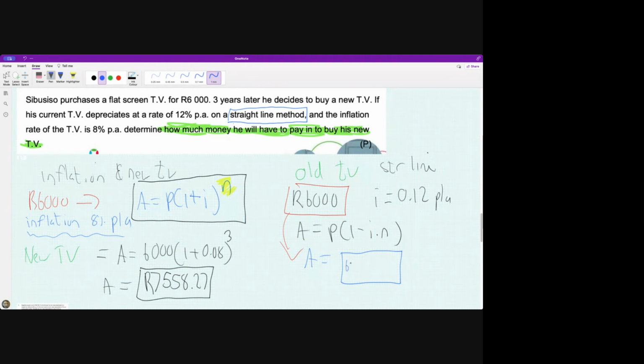I think this should be 6,000 times 1 minus 0.12 times 3, close bracket. I get 3,840. Okay, so the bad news is I don't have enough money for my new TV.